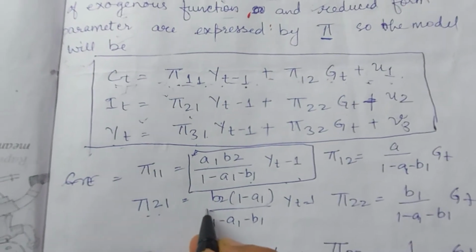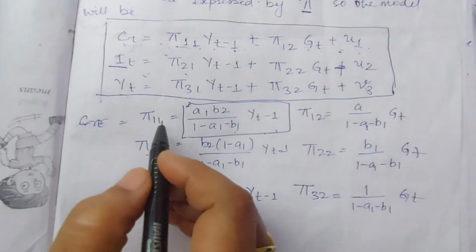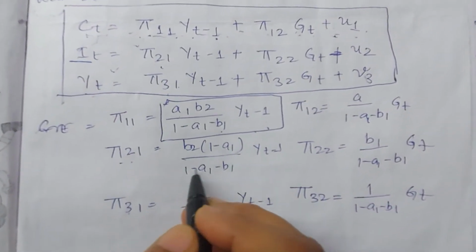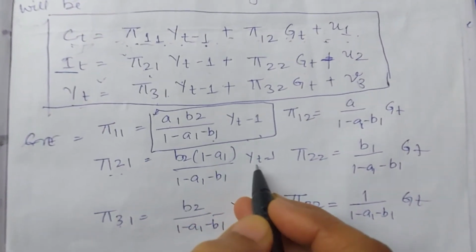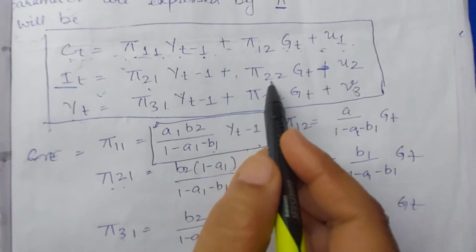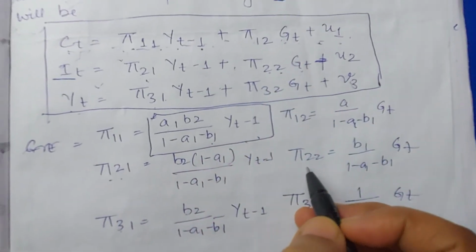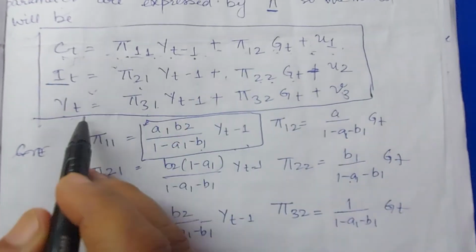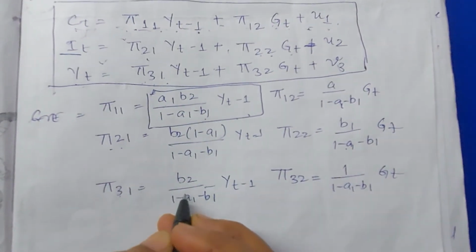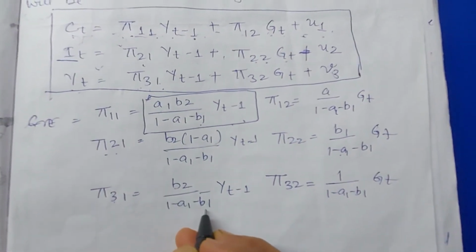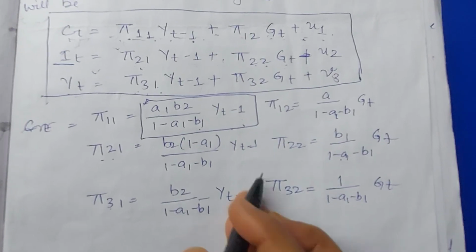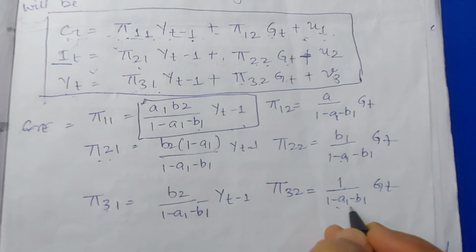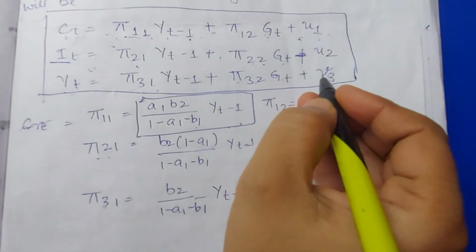Pi 2 1 is the equation of It: b2 times 1 minus a1 upon 1 minus a1 minus b1 Yt minus 1 plus pi 2 2 Gt. So pi 2 2 is b1 upon 1 minus a1 minus b1, and pi 3 1 is b2 upon 1 minus a1 minus b1 Yt minus 1, and pi 3 2 is 1 upon 1 minus a1 minus b1, Gt plus mu3.